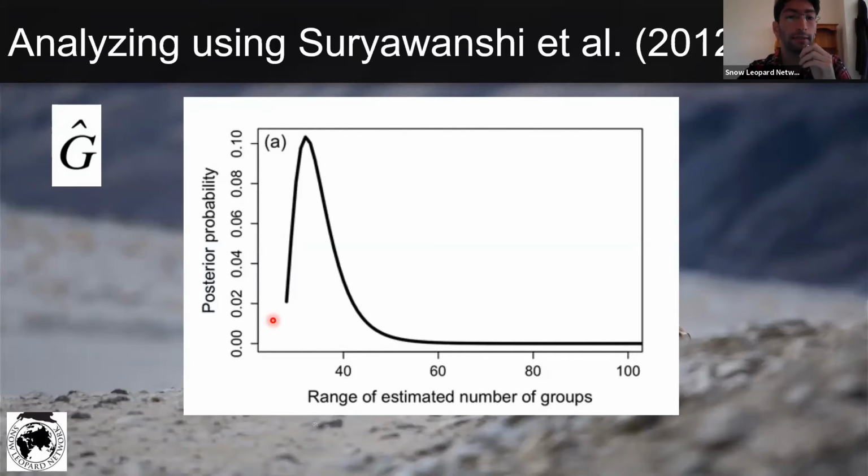Already what you can see is the probability of the group size being around, let's say, 20 or so, I'm just taking a guess, is really, really high, and it significantly tapers after that. So already there's a more informed group size distribution that we can look at. So that's about group size.